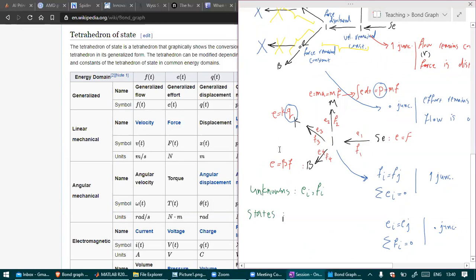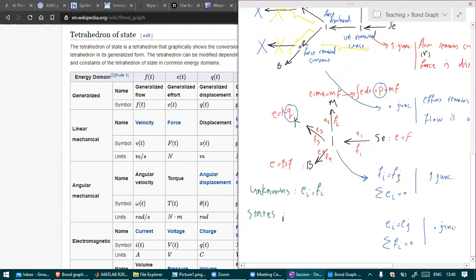The states in a linear dynamic system are the terms whose derivatives appear. If the states are X, there should be X dot in the equations.